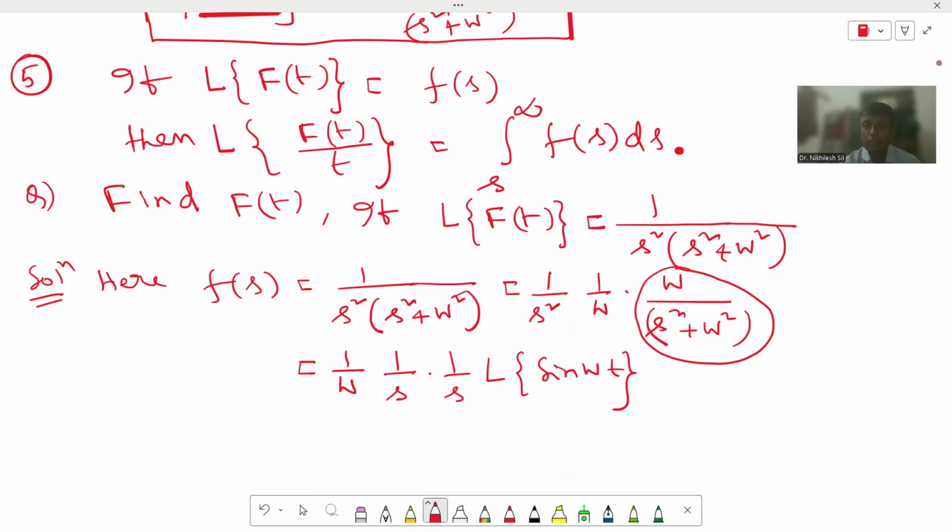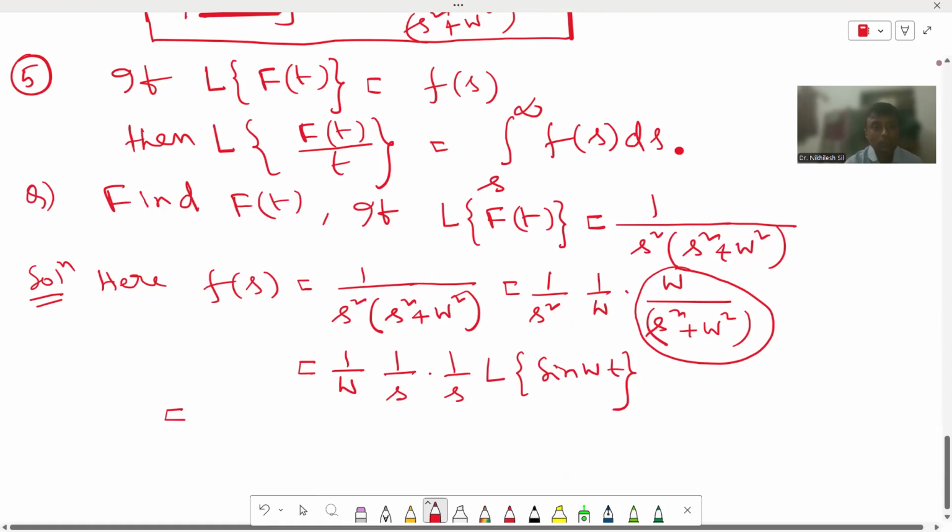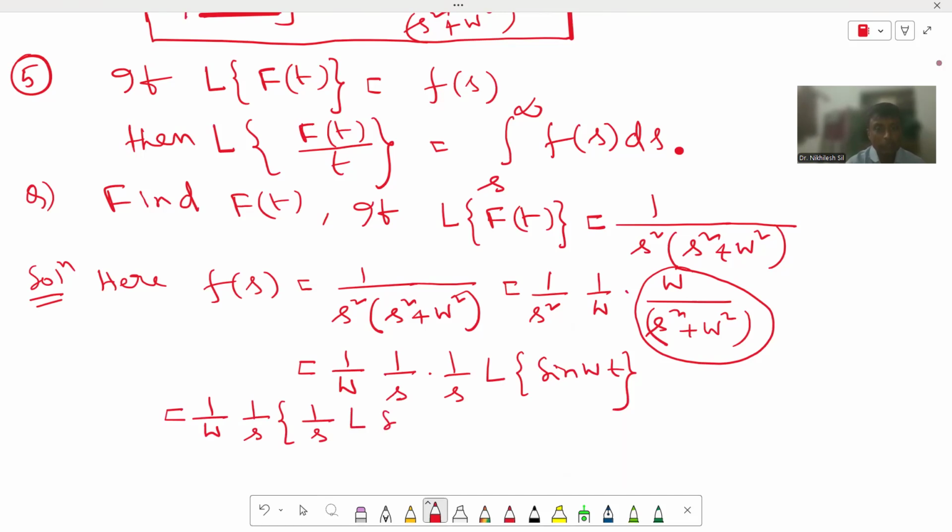The function f(t), the integration of f(t). So this is equal to 1 by omega, 1 by s. At first I will operate 1 by s into Laplace of sin omega t.